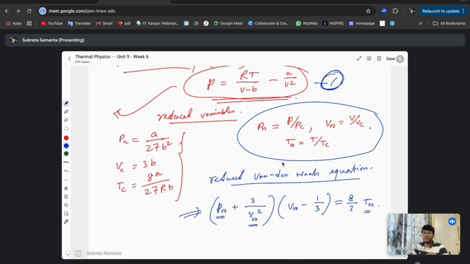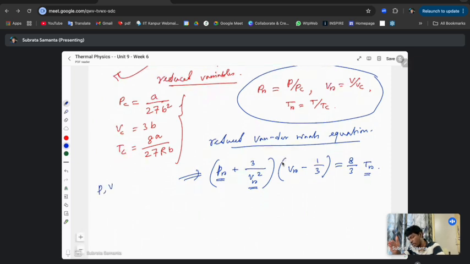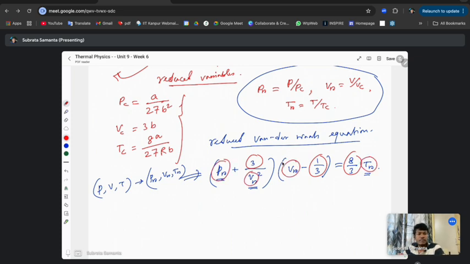I'm doing nothing but changing the variables P, V and T to PR, VR and TR, and the gas constant R is gone. Only some numbers remain: 3, 1 over 3, 8 over 3, and the variables PR, VR and TR. So this is the reduced van der Waals equation.